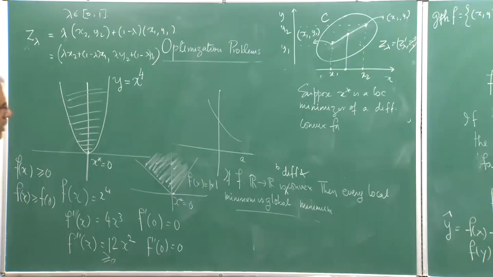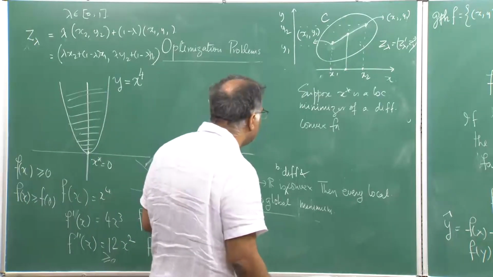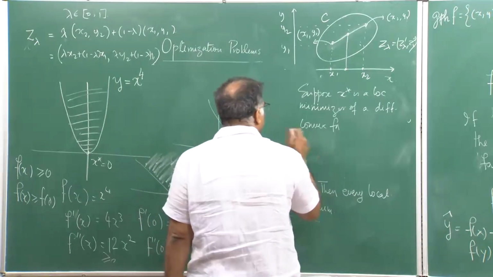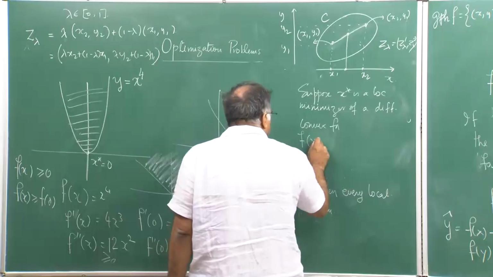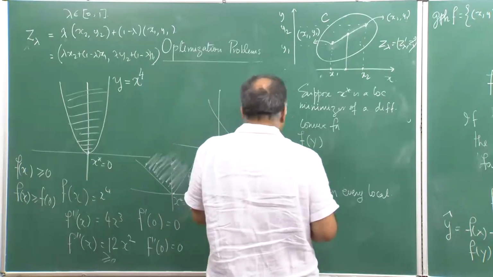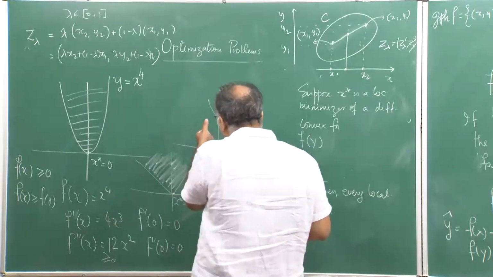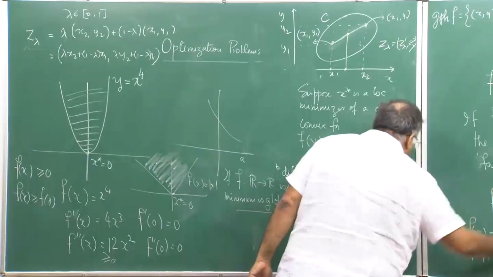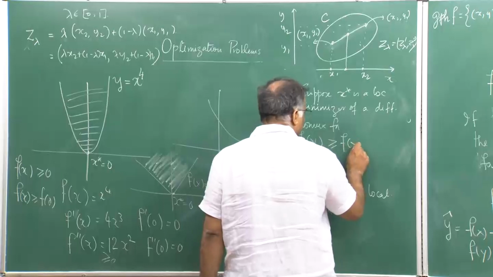So how do I say that it is a global minimizer? I will simply take any point y in R. If I take the pair y and x star, for that particular pair this relation will hold true, because f is convex and differentiable.